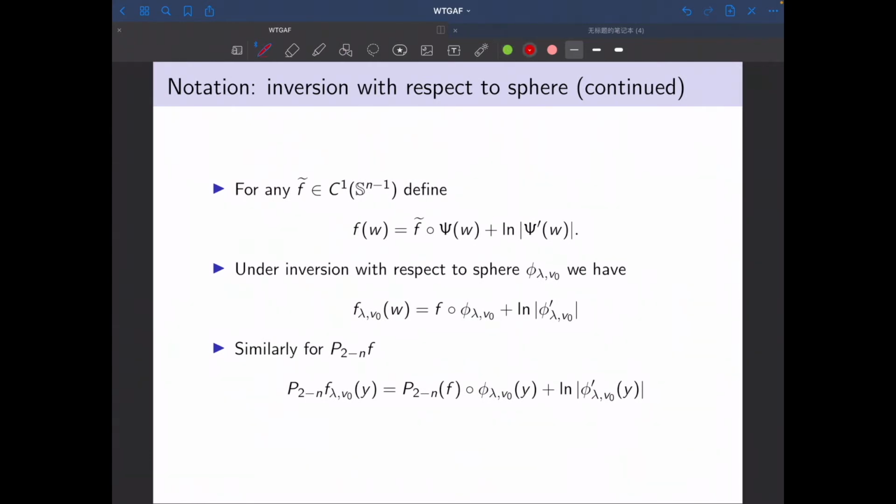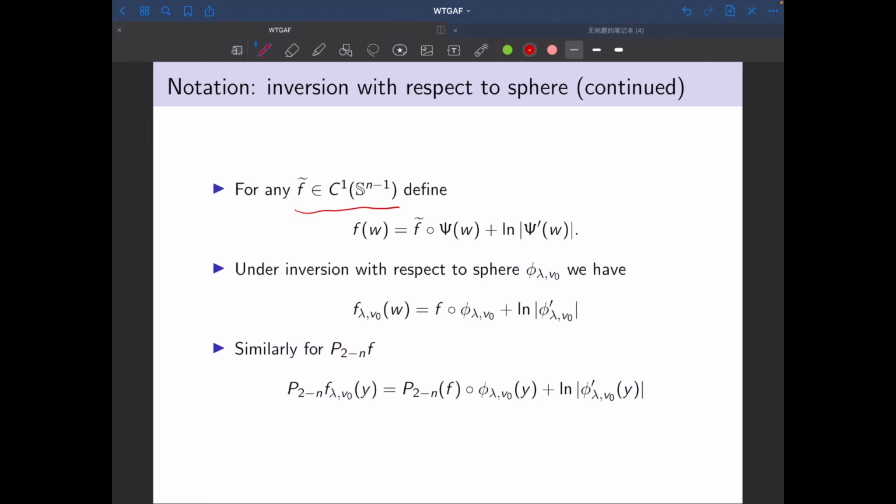When we're running the moving sphere argument, to begin with, we consider a function that is C1 on the unit sphere, and that would be a solution to the Euler-Lagrange equation.